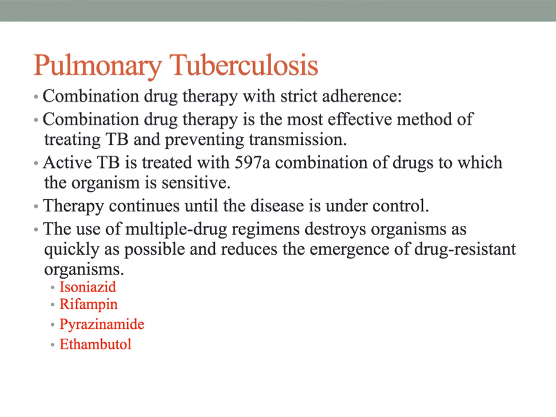These meds are listed in your book. And first line treatment for tuberculosis, isoniazid is one of the most common medications. An important teaching topic with a patient on isoniazid, which is also known as INH, that's this one right here: they need to take a supplemental B complex vitamin with this med.